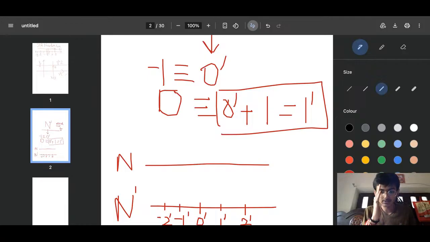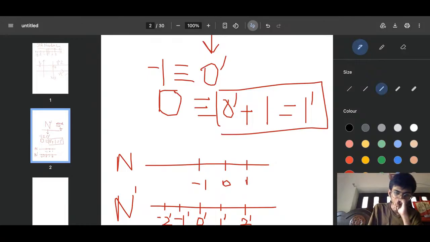the number lines, in what sense, symmetrically, or even not symmetrically, but you have to show that this 0 dash is actually equivalent to 1 minus 1. Okay, so actually here it will be minus 1, here it will be 0, here it will be 1.